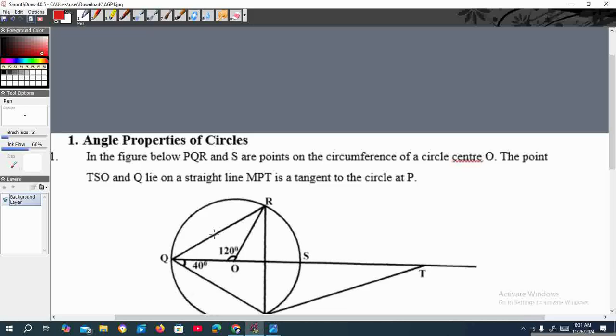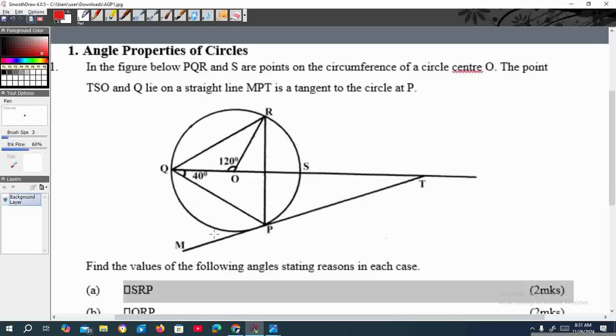In the figure below, P, Q, R, and S are points on the circumference of a circle, center O. The points T, S, O and Q lie on a straight line. MPT is a tangent to the circle at point P. So this is the diagram. And then the questions I have: find the values of the following angles and state reasons in each case.